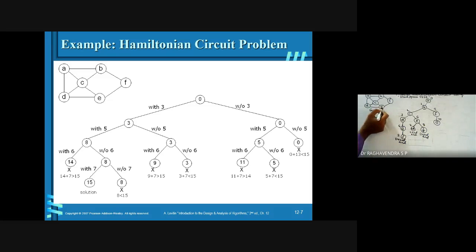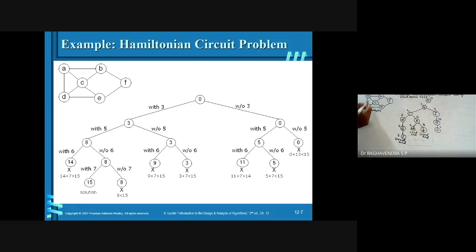Okay. Next, after E, I can go to C, I can go to D. So there are two possibilities. How to break the tie? Go for the lower number, that is C. So call this as 11th vertex. Next, after C, I can go back to B, I can go back to A, I can go back to D. So if I go back to B, it is not possible. B is already visited.